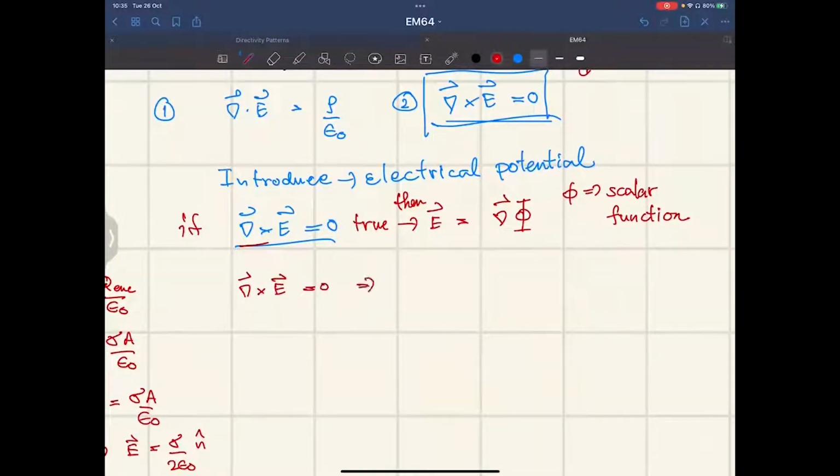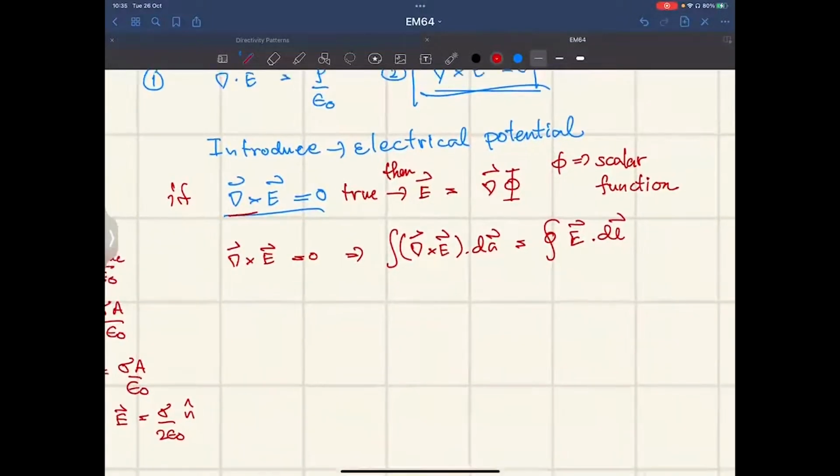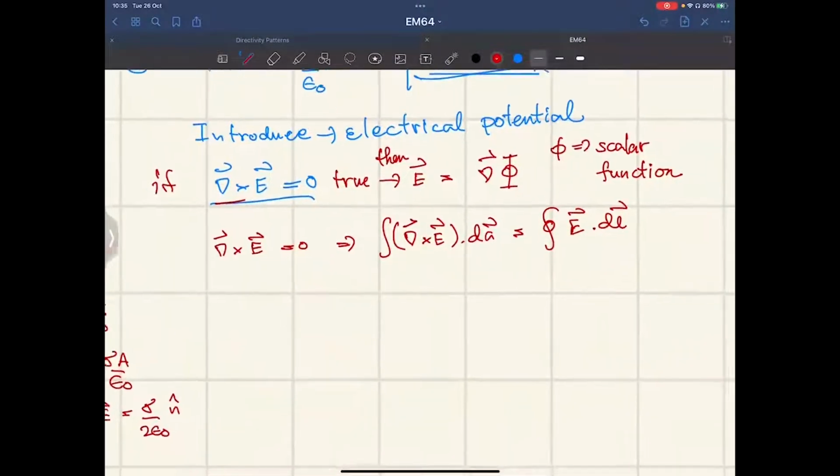And we know from Stokes theorem that the integral of curl E dot dA is equal to the line integration of E dot dl.